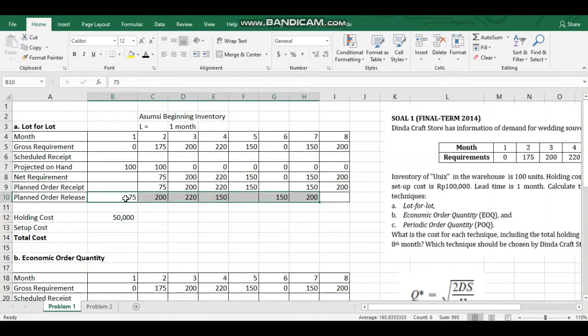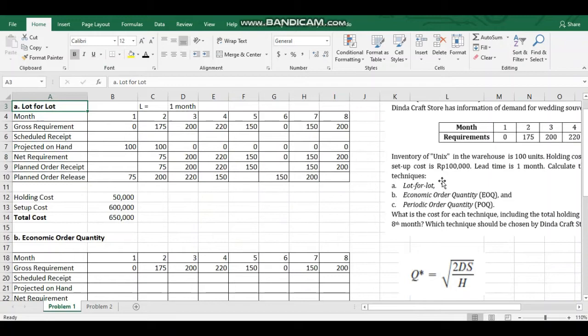We order 6 times, so it's 6 times 100,000 rupiah, and that becomes our setup cost. And for the total cost, just add the holding cost with the setup cost, and now we get 650,000 as our total cost if we're using the lot for lot technique.